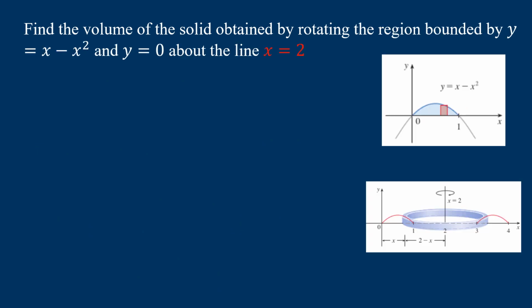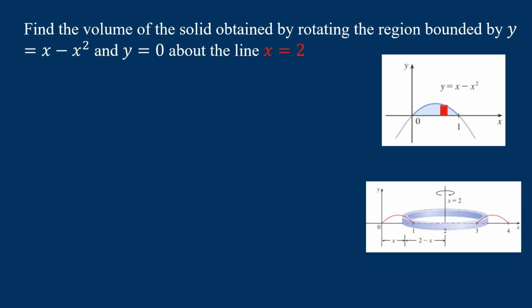Let's have another example for the shell method. We want to find the volume of a solid by rotating the region bounded by y equals x minus x squared and y equals 0. That's the blue region. We're going to rotate this over x equals 2, so I'm going to use the shell method.